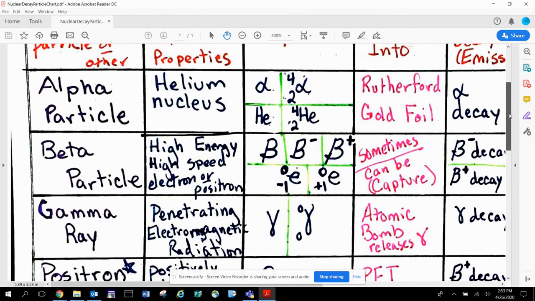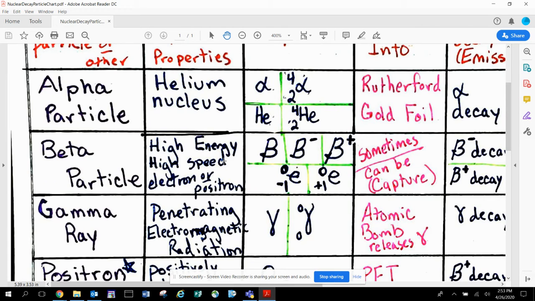Beta particles are high energy, high speed electrons, or it could be positrons. The general nomenclature is that the symbol is a beta, I should say. If we're talking about a high energy electron, that would be a beta negative, really. And a positron, and we'll talk about what a positron is in a second, would be a beta positive.